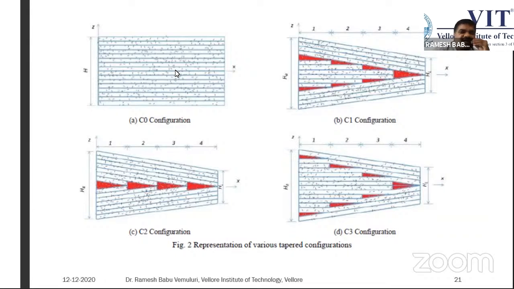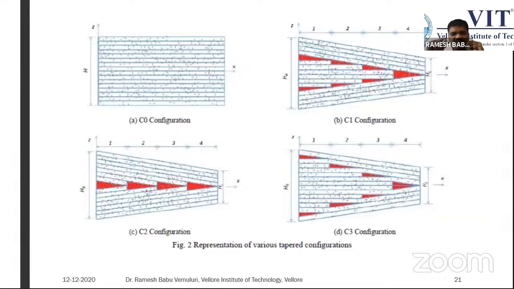These carbon nanotubes have been added into the composite fabrication itself. So now we have a hybrid composite uniform plate, and here a hybrid composite with multi-walled carbon nanotube tapered configurations, the C1 configuration, C2 configuration, as well as the C3 configuration. These 3 configurations we already discussed in the morning.